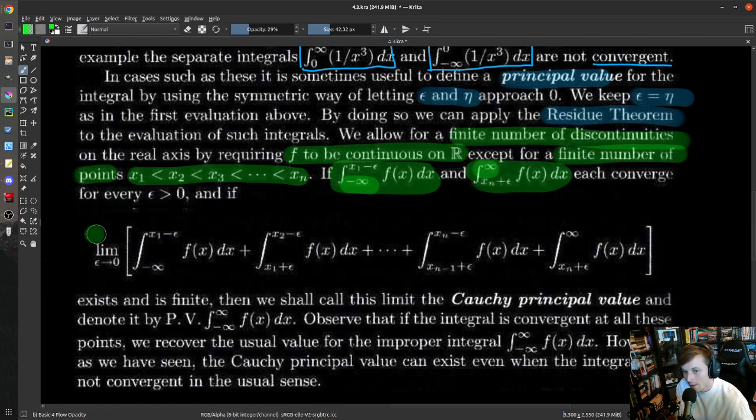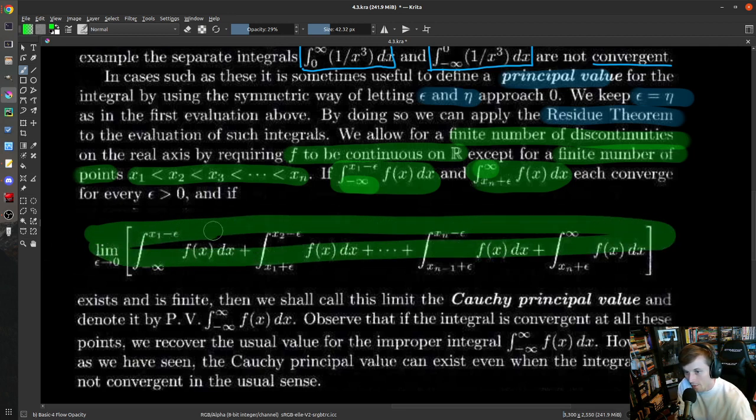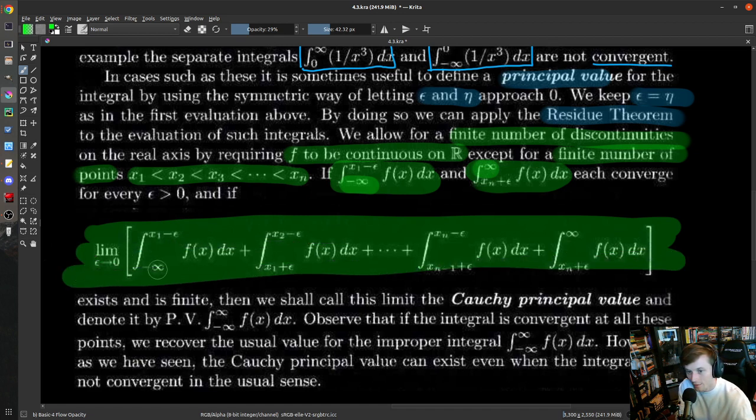Then we'll do this, and provided it exists, we'll call this the Cauchy principal value. So what we did before was the case with just one point. That was the situation we were describing, but you could do it for more than that.